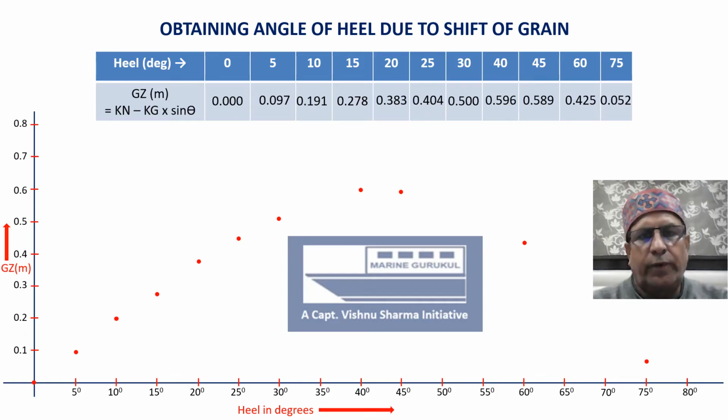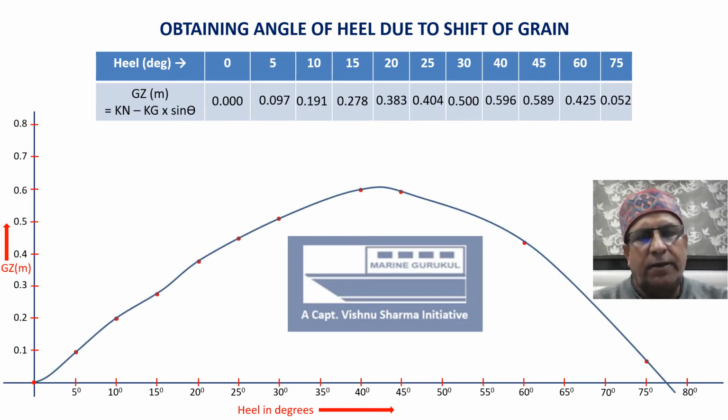We plot these values of GZ. We have learned this already, how to draw the GZ curve. And once we have plotted these values, we can join them with a freehand curve.